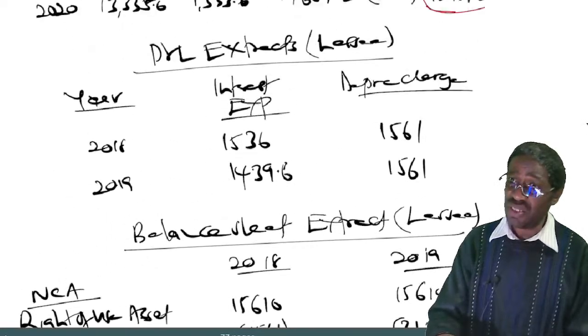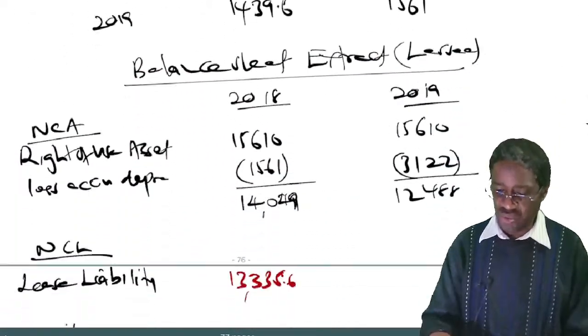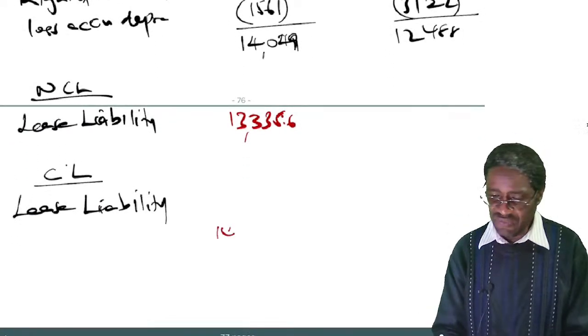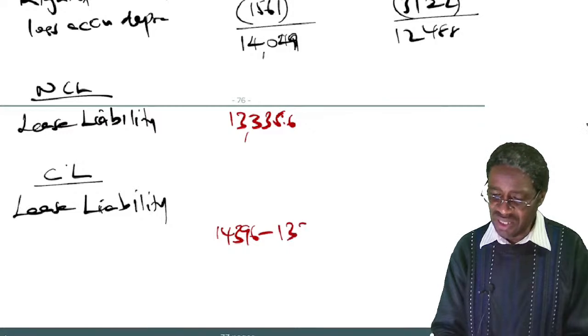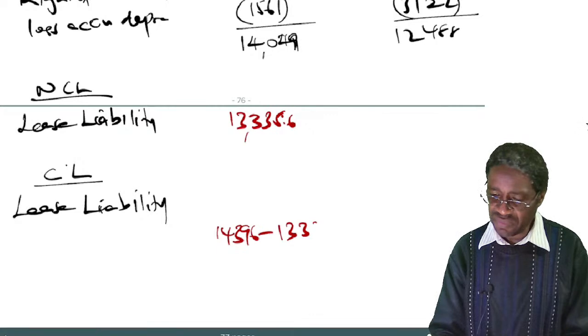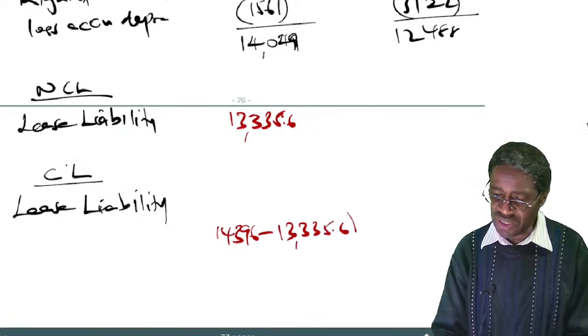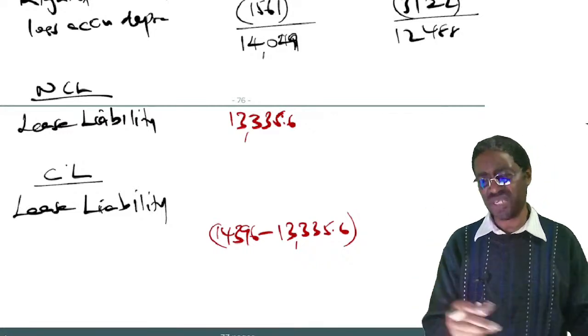It was 14,396. I minus that 13,335.6. So how much out of 14 must I pay within the next 1 year?